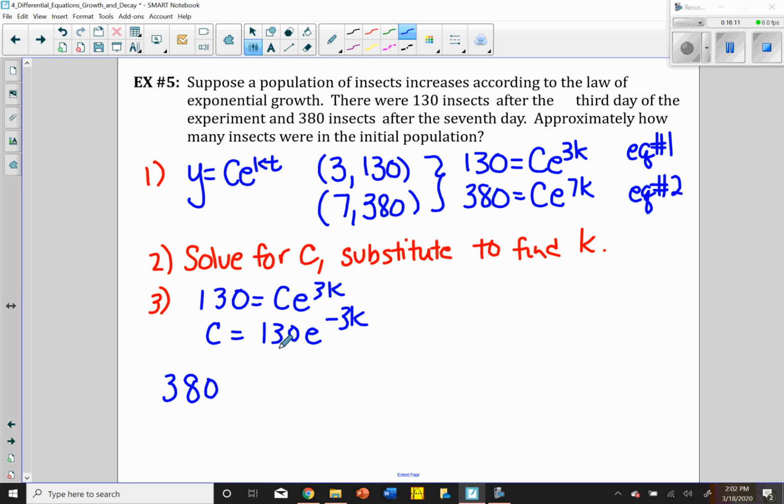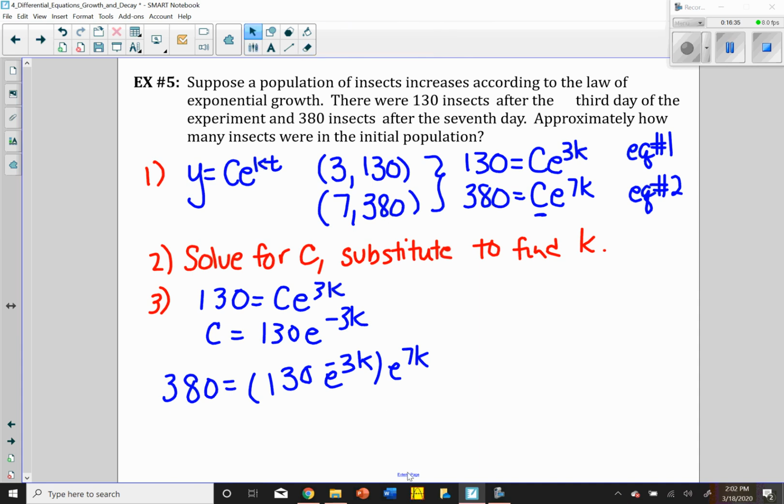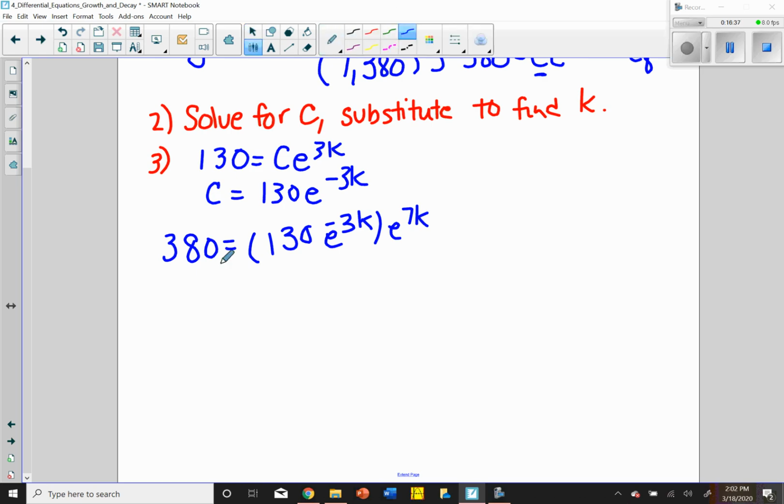So I used equation 1 and isolated C. Now I'm going to substitute into the second equation. 380 is C e to the 7k. And then isolating to solve for k: 380 divided by 130 is e to the 4k, and the bases are the same.